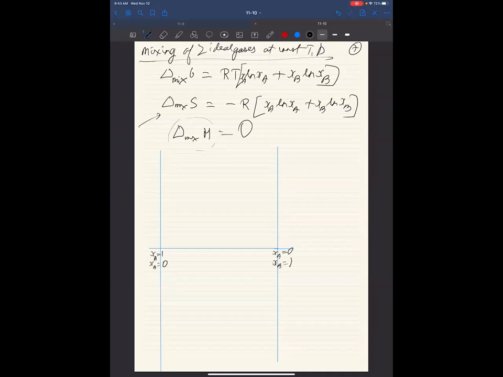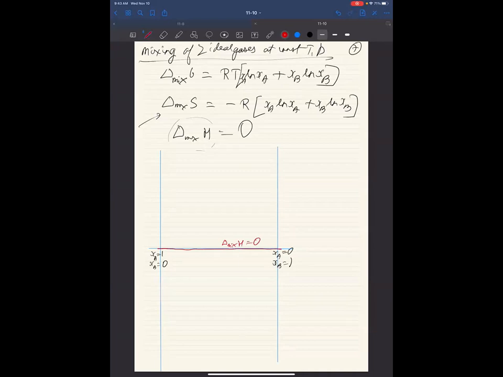So the left vertical line corresponds to all A, the right vertical line corresponds to all B. And the first thing I want to plot is delta mixing H as a function of XA and XB. How should that look? It's a trick question. Flat line, 0, right? It's just 0. So we know that delta mixing H is always 0.